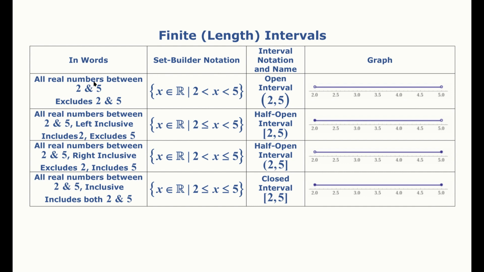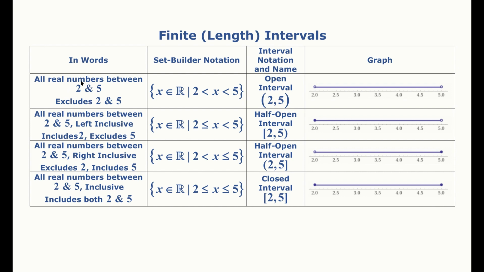Notice that if we want to represent all real numbers between 2 and 5, now I just picked 2 and 5 for simplicity. You could have said a and b, right? So this could be a very, very general discussion. If you want to get really general, just replace 2 and 5 with a and b.